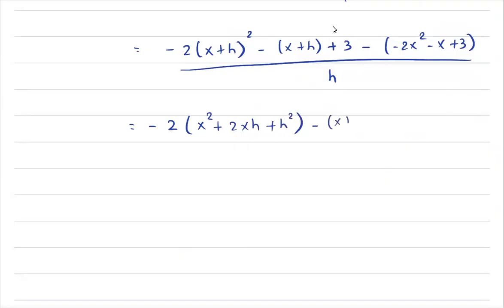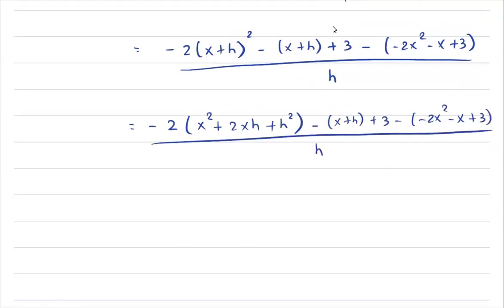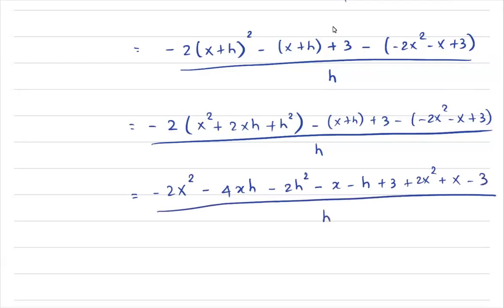For now, I'll just keep it like so. In this next step, I'm going to distribute. So when I distribute, I have negative 2x squared minus 4xh minus 2h squared minus x minus h plus 3, and negative times a negative is a positive, positive, negative, all over h.